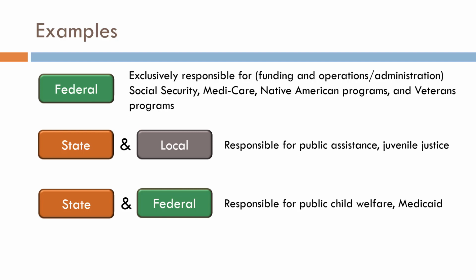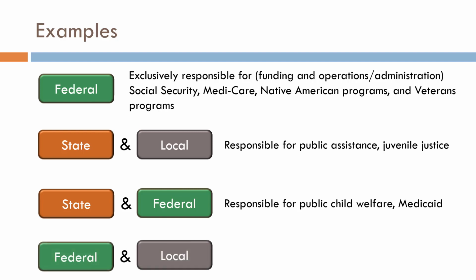But the state, especially in California, is responsible for the actual implementation of the program. And then finally, we can have the federal and local levels of government working together in some cases, for example, when it comes to housing programs, when it comes to programs for homeless, to address homelessness, etc.